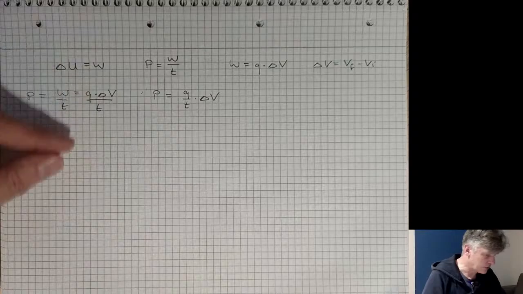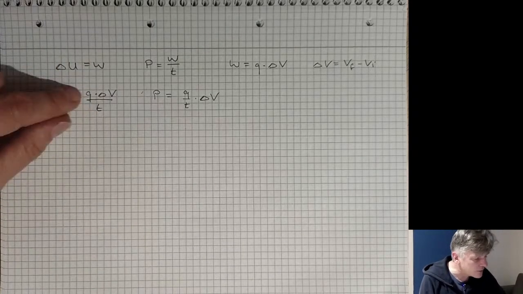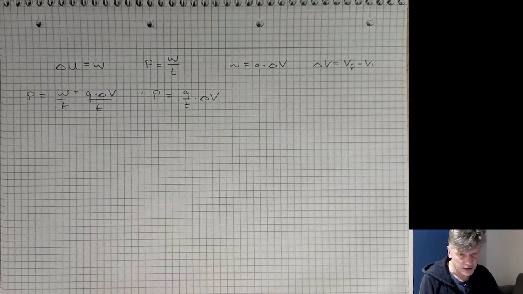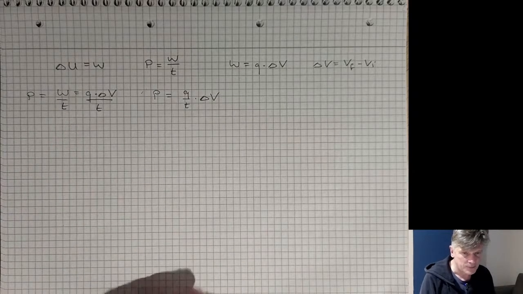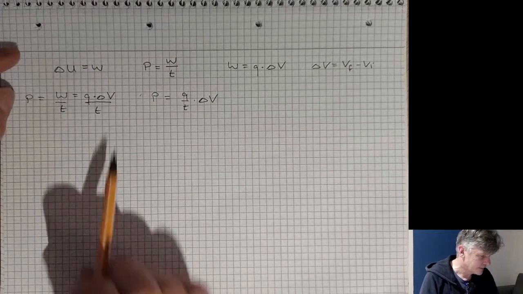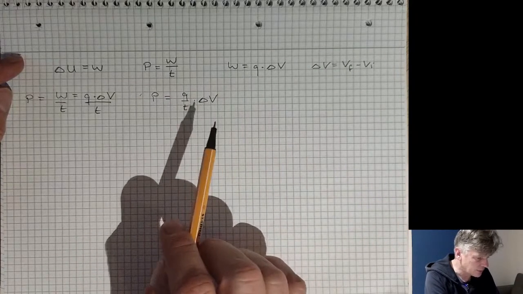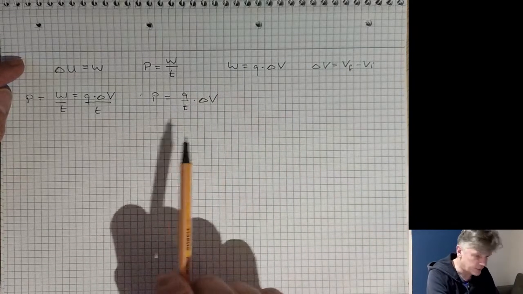Usually we would have to look at small changes of Q and small changes of T, right? But for now, we assume that we have a constant current flowing in the system.